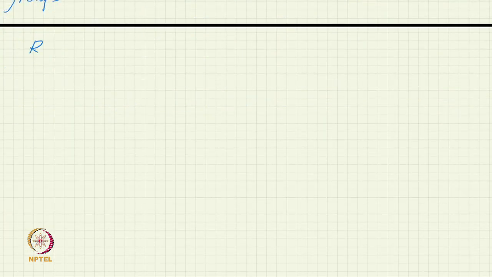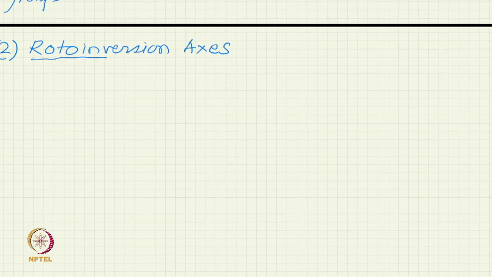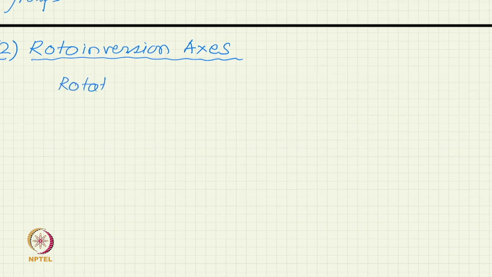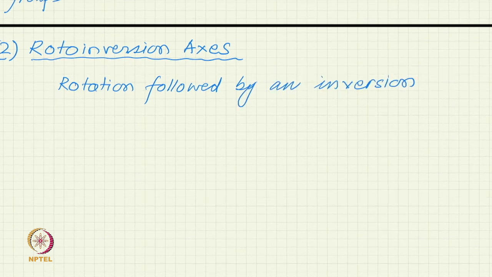We can have roto inversion. The second type is roto inversion axes. In the roto inversion axes, rotation followed by an inversion. The notation here is n bar.